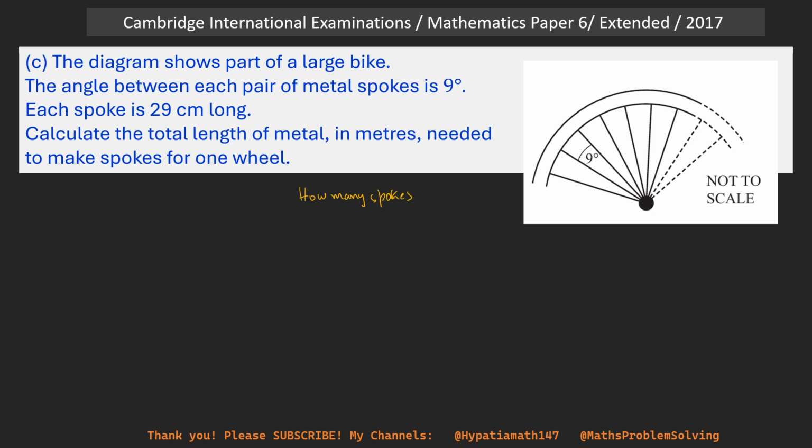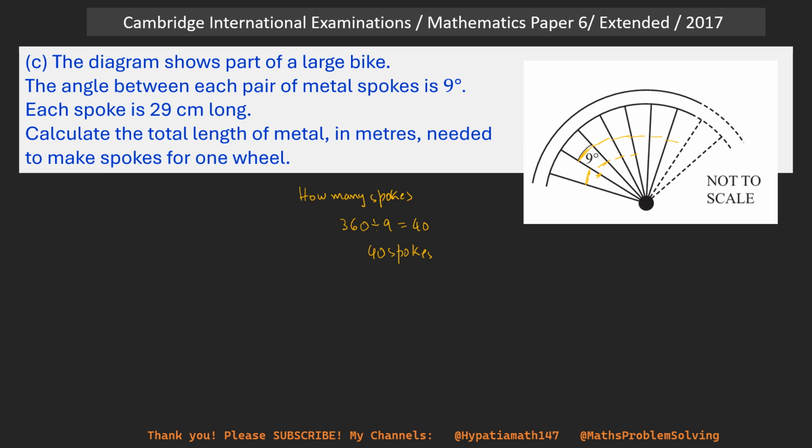If you do 360 divided by 9, that would give us 40. So there are 40 spokes. This is counted up to the last, the 360 degrees, so this is the 40th spoke.